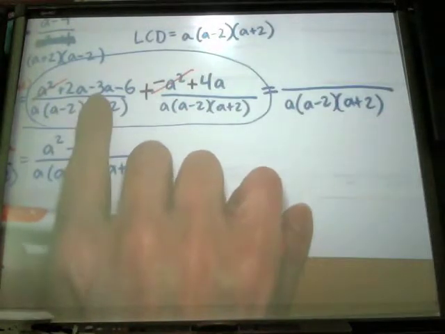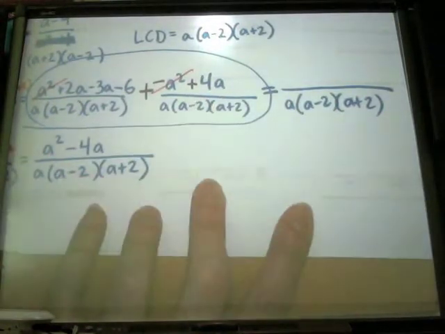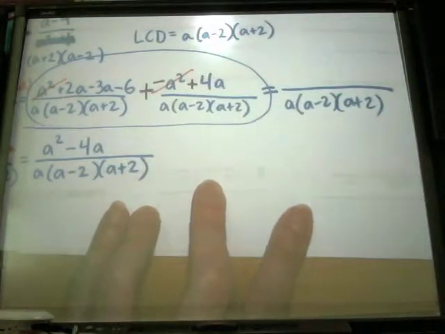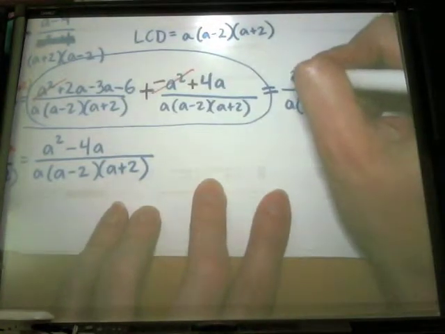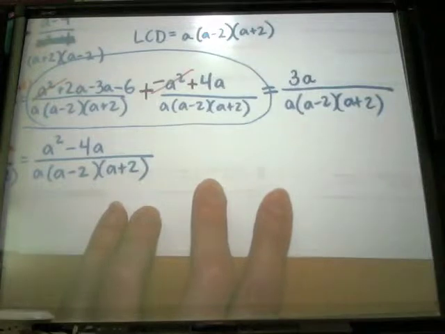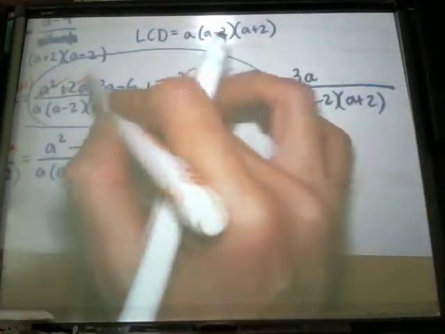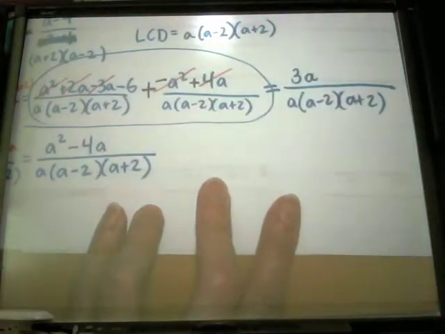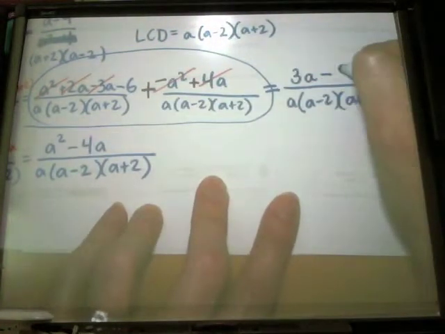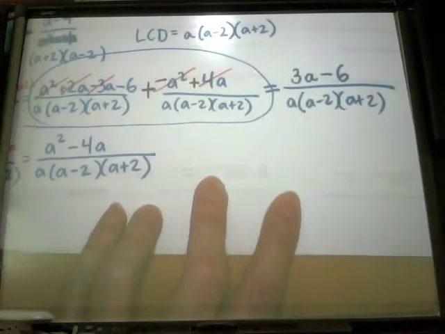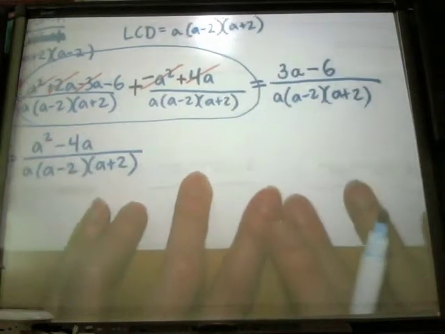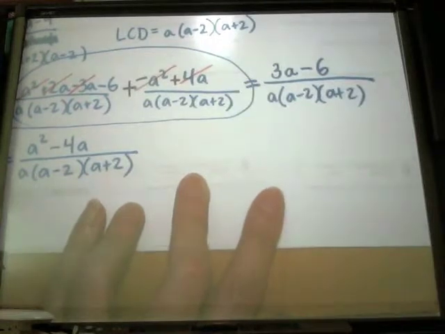Negative 1a plus 4a makes positive 3a. If you want to cross them out just to keep track of where we are, you can. Finally, minus 6. If only we were done. What? I told you. Okay, guys, we're almost done. That's step 4. We're done with step 4.